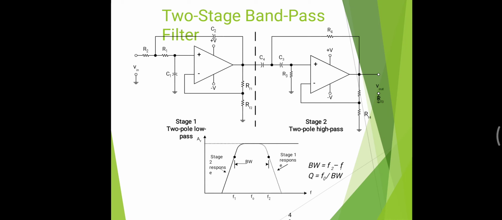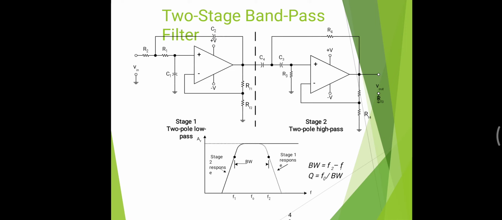And now we are going to see the two stage band pass filter. We can see one op amp, and in this op amp we connect two resistances with one capacitance at the non-inverting terminal, and at the inverting terminal we connect a resistance to earth.